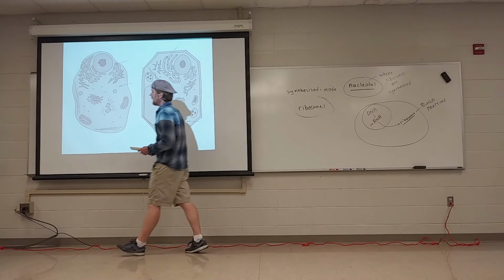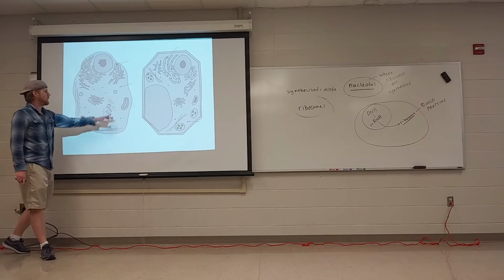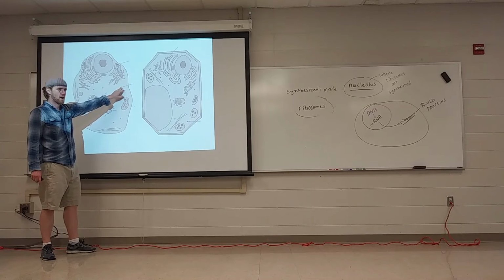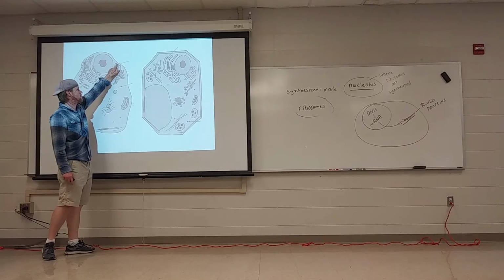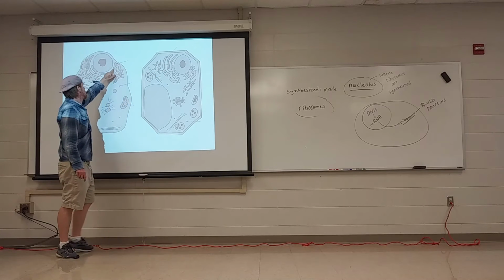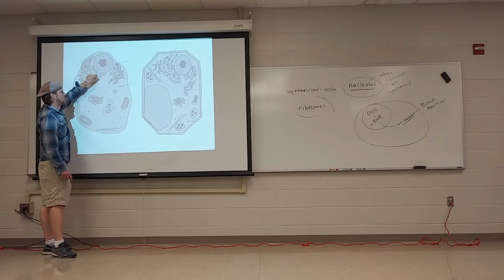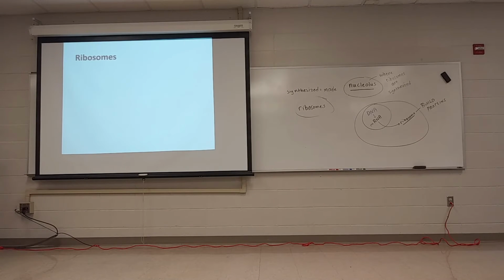I doubt you can see that from the cell phone. But I've got arrows pointing to them. You've got some what are called free ribosomes, which are in the cytosol, and then we've got several ribosomes attached up here to this thing called the rough ER. Let's do the ribosome part first before we get to the rough ER.